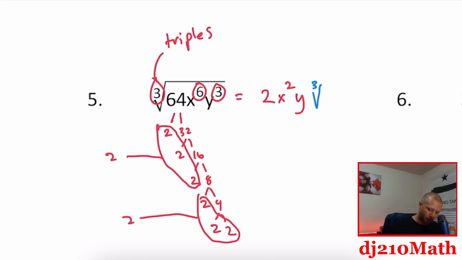We have cube root of nothing. Everything came out. So that's good. Actually, 2 2's came out. So this should be a 4, not 2. My bad. Right, because these multiply.